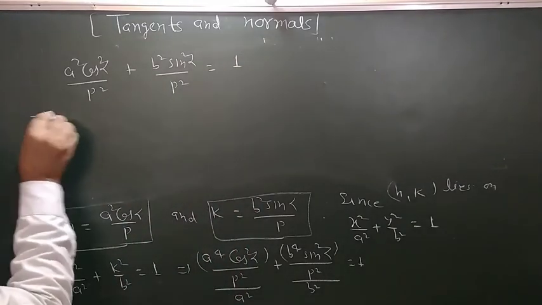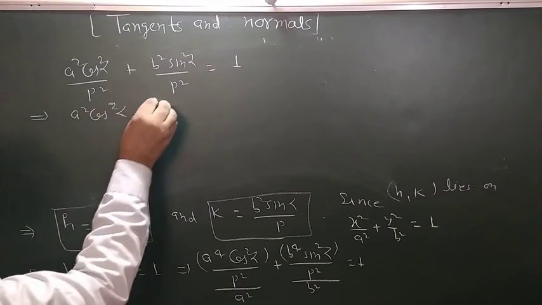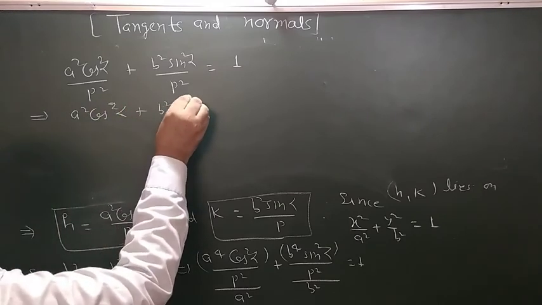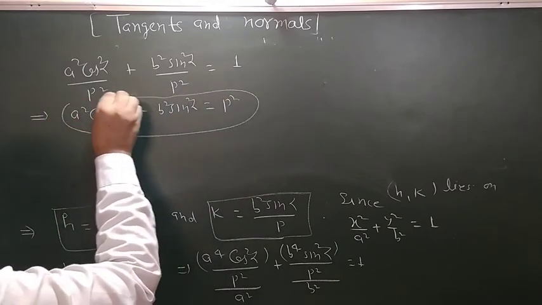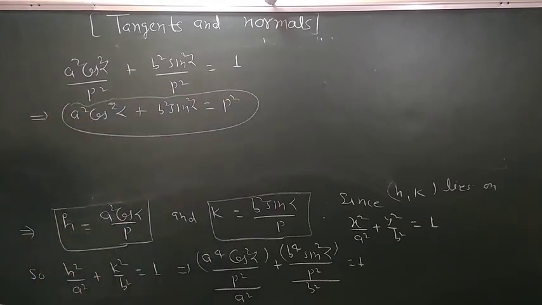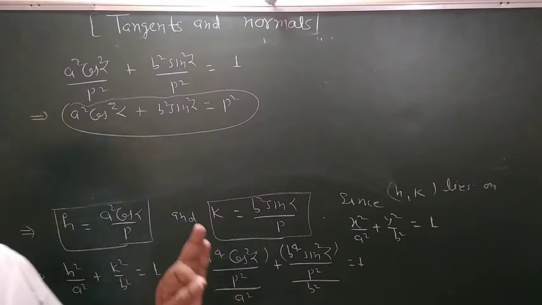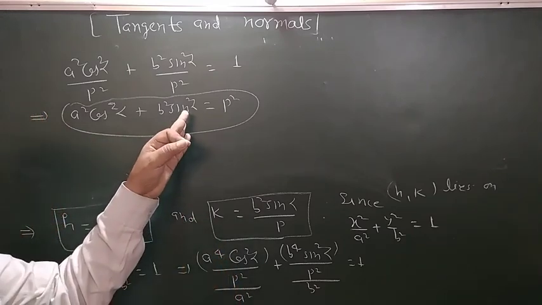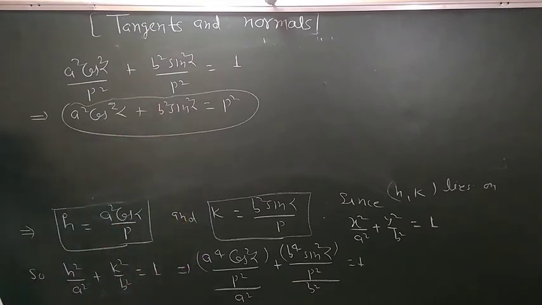Take the LCM and cross multiply. So we have a square cos square alpha plus b square sin square alpha equal to p square. So this is the condition in which the given line x cos alpha plus y sin alpha equal to p will be the tangent of the curve x square upon a square plus y square upon b square equal to 1.